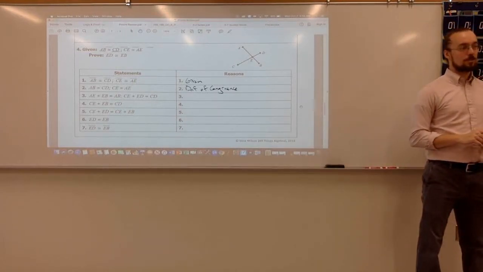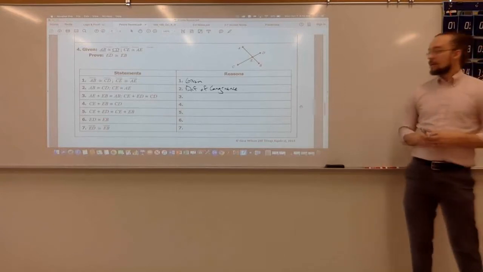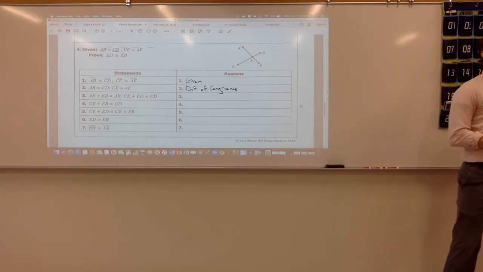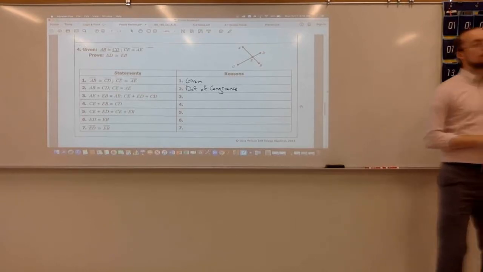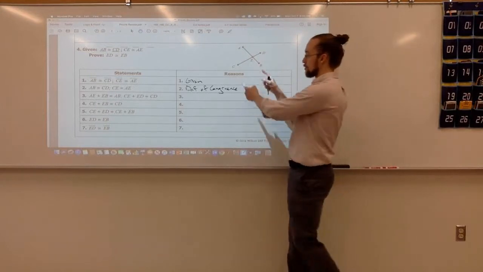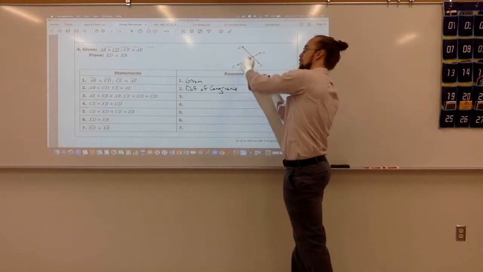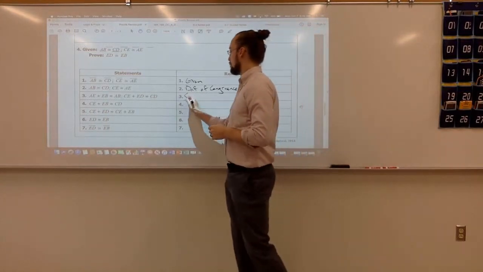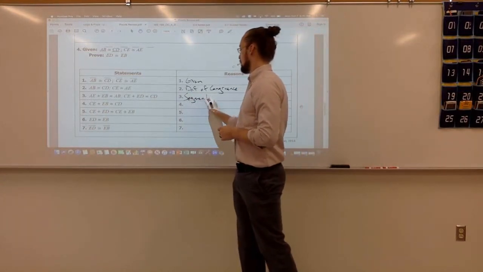What's that one called, Sebastian? Yeah, this one would be segment addition postulate. So we're saying this piece plus this piece equals the whole thing, and then this piece plus this piece equals the whole thing. So that's going to be segment addition.